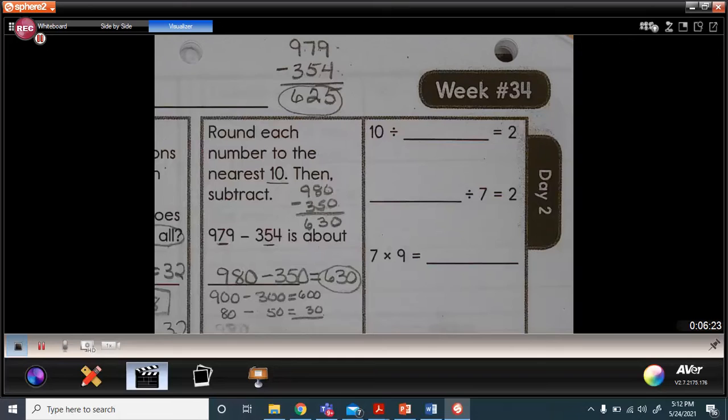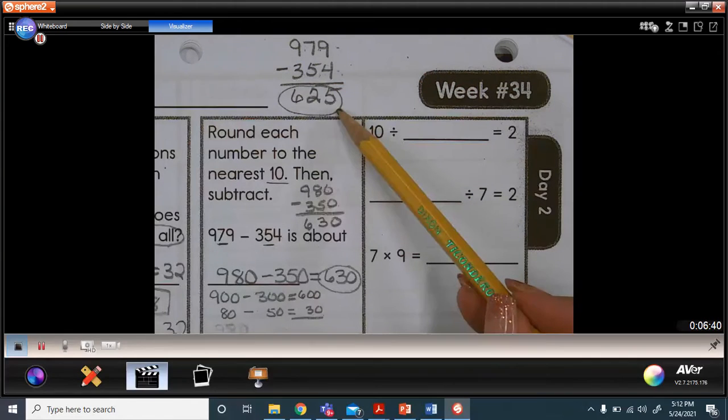Now, what I want you to do today for your discussion is instead of rounding to the nearest 10, I want you to round to the closest 100. And I want you to see how close it is to this 625 when you round to the closest 100.